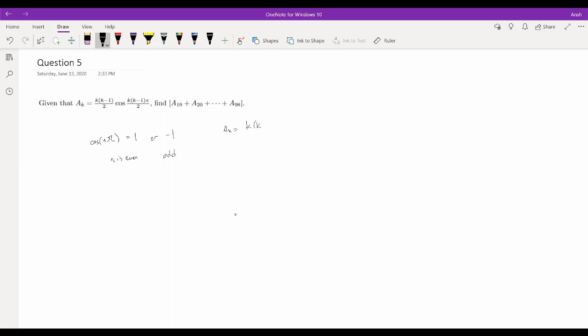So if we write out a few terms, this would look like negative 19 times 18 over 2 plus 20 times 19 over 2 plus 21 times 20 over 2 minus 22 times 21 over 2 and so on, all the way to minus 98 times 97 over 2. So we can see that the signs alternate every 2. We start with a negative, then positive, then positive, then negative, then negative, then positive, and so on.